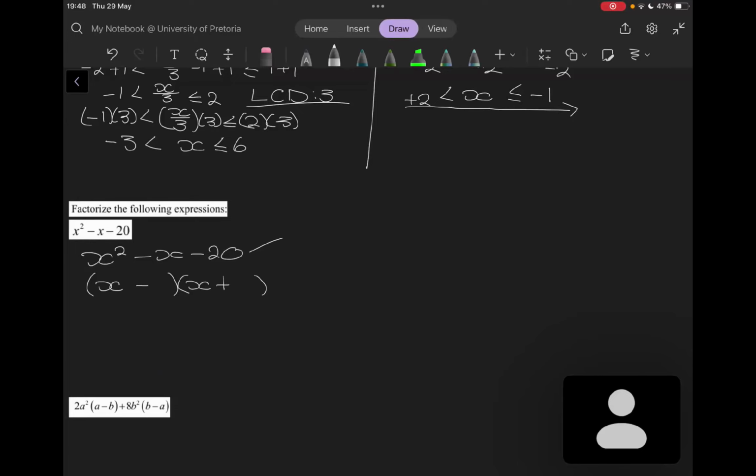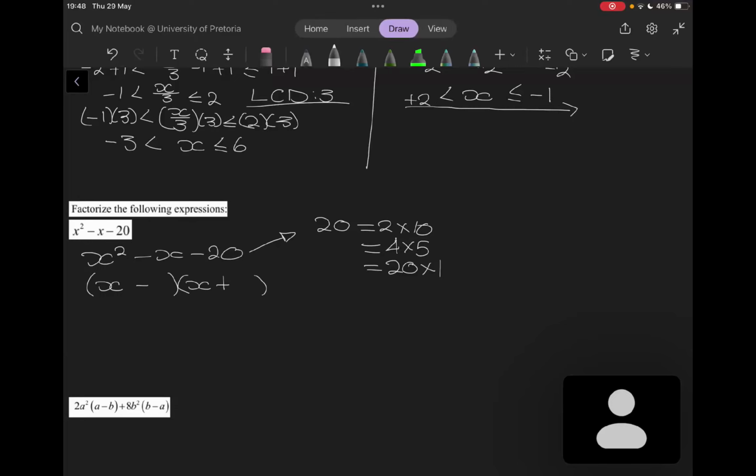Right. Let's find out what our factors of 20 are. We know 20 is equal to 2 times 10 or 4 times 5. And 20 is also equal to 20 times 1. Cool.